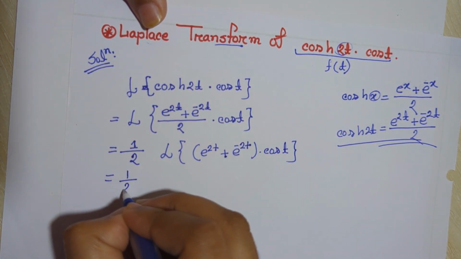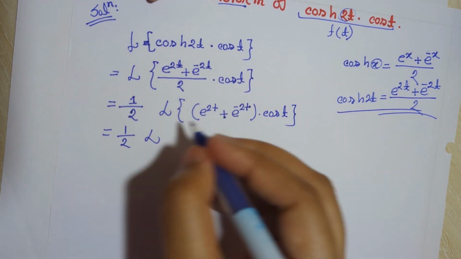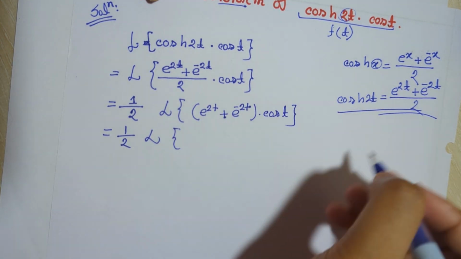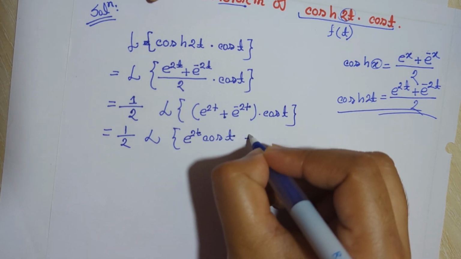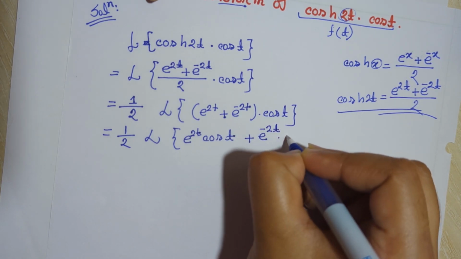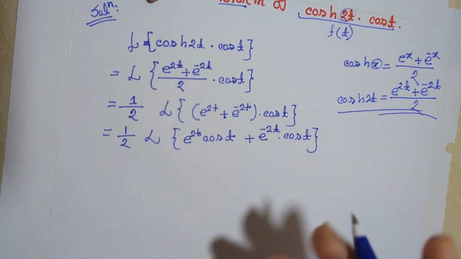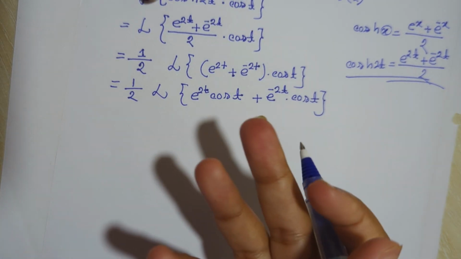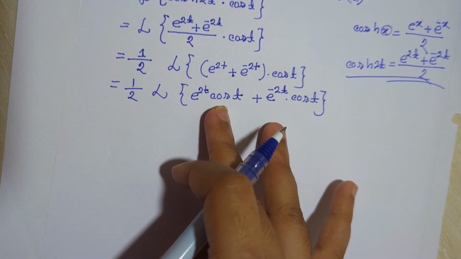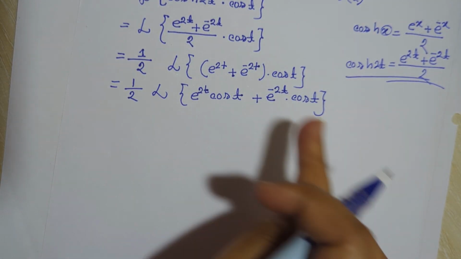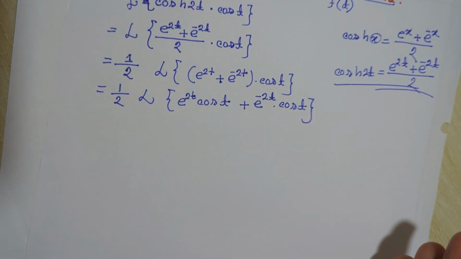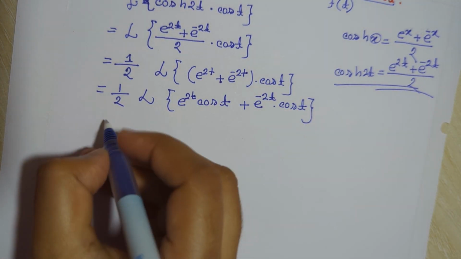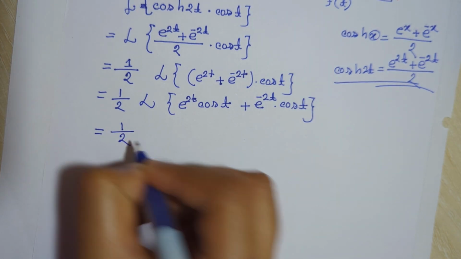If we remove the bracket, our total function will be e to the power 2t cos t plus e to the power minus 2t into cos t. So here we can see two functions of variable t, and both are multiplied with an exponential function. So now we can use our first shifting property for both sections. Let's use the first shifting property.